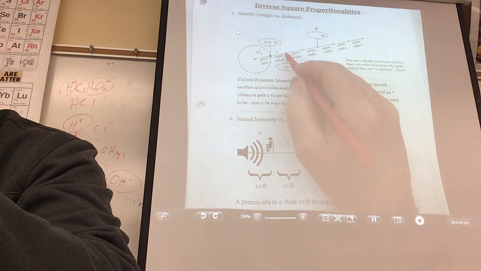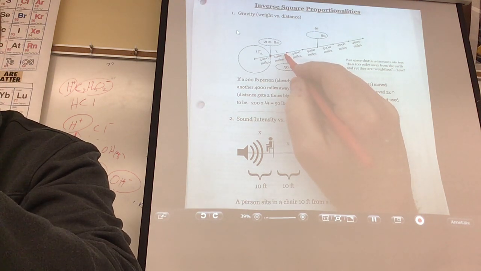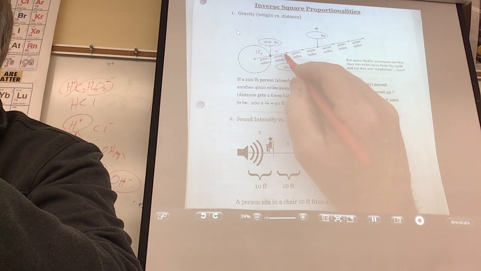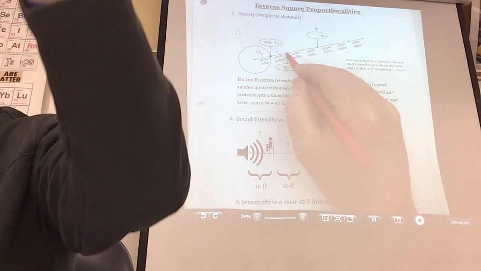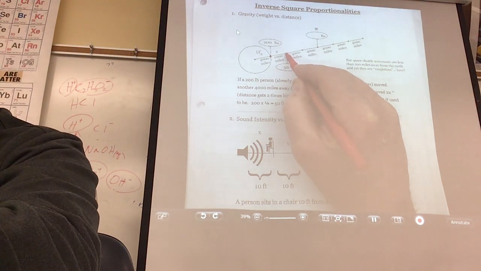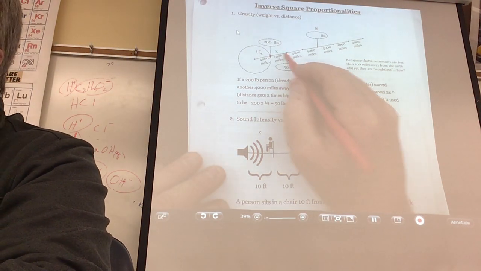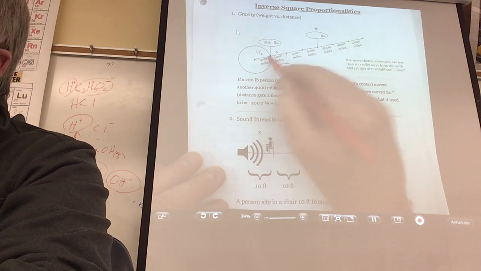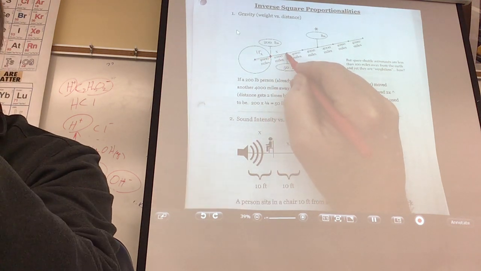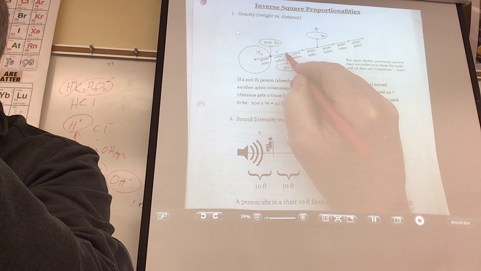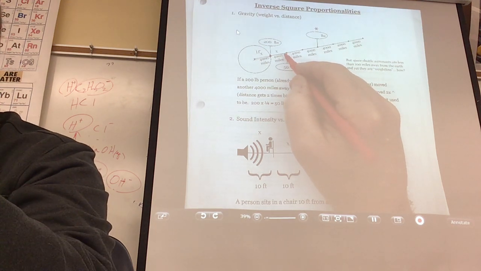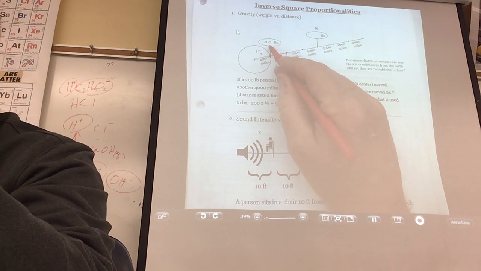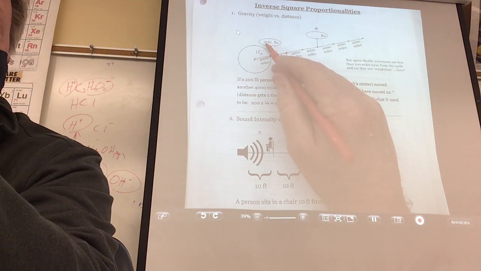How much are you going to weigh? It's inverse square. As the distance gets greater, my weight gets smaller. But how much? If the distance goes from 1 Earth radius to 2, the distance got 2 times greater, so my weight will get 4 times smaller. Use a reciprocal, 1/4 of what you used to be.